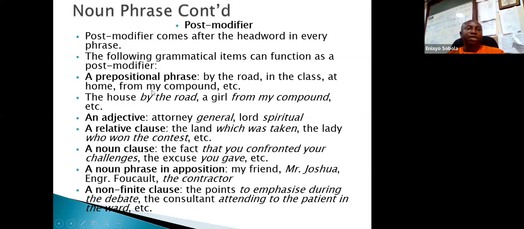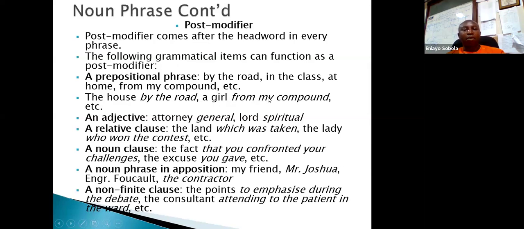For example, the house by the road. By the road is a prepositional phrase that post modifies the noun head house. Which house are we talking about? The one by the road.